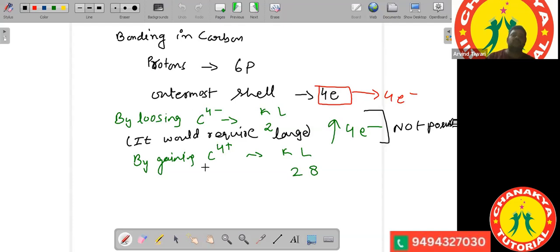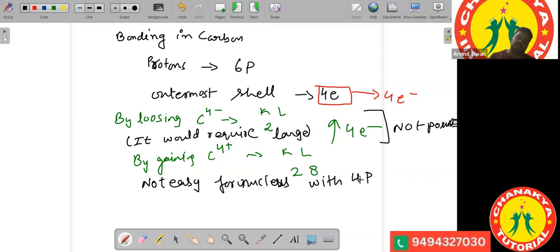So we can observe here that carbon cannot gain 4 electrons, as it is not easy for a nucleus with 6 protons to hold 10 electrons.